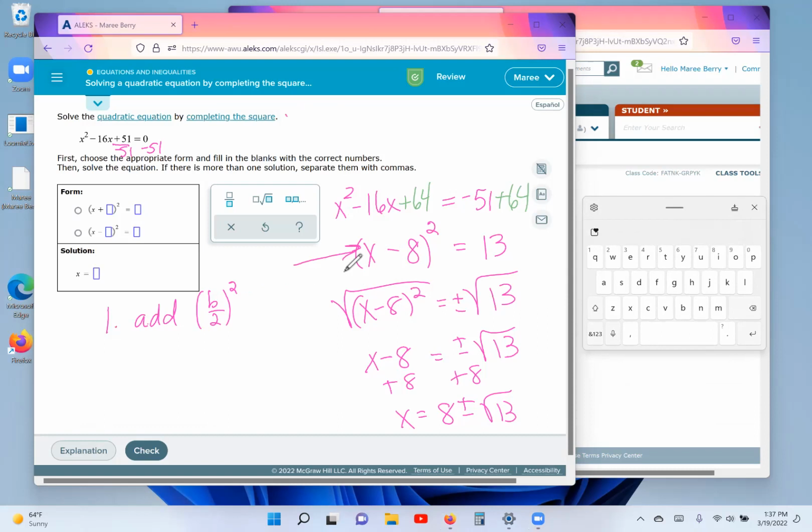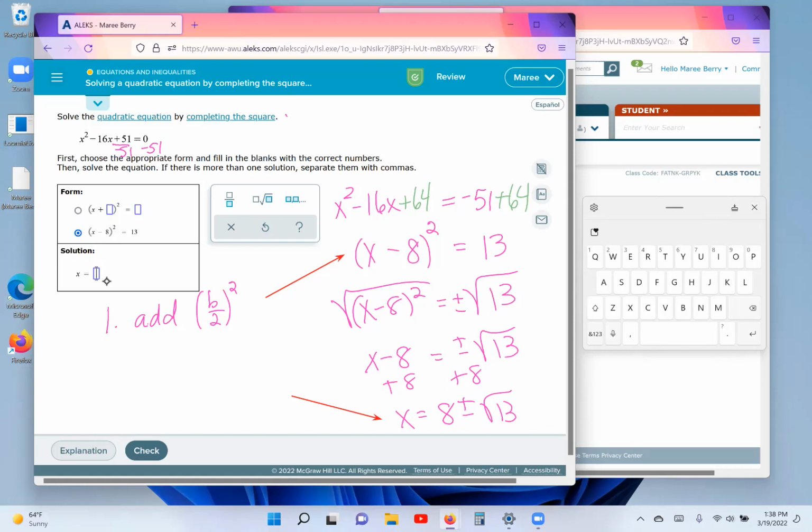Just a minute. That one right there and this one right there. Okay, so we'll go to type in, this is an x minus 8. So we want to pick the bottom one. We're going to type in an 8 right here. And on the other side, we're going to type in 13.